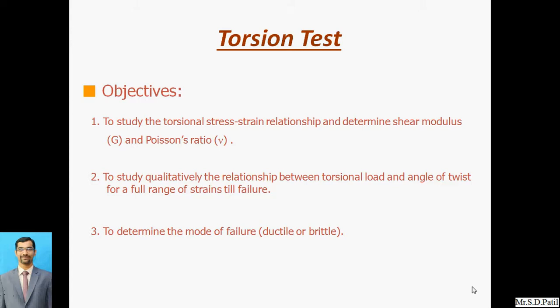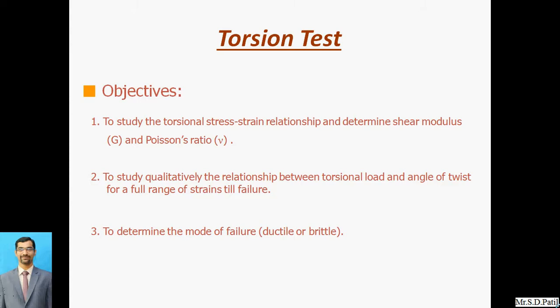Why is this test conducted? When we want to determine the shear modulus. There are two kinds of moduli that we have seen. One is the modulus of elasticity, known as E, and from the stress strain curve we calculate the modulus of elasticity. Similarly, here we need to find the shear modulus, that is G. The modulus of elasticity is the ratio of tensile stress to tensile strain.